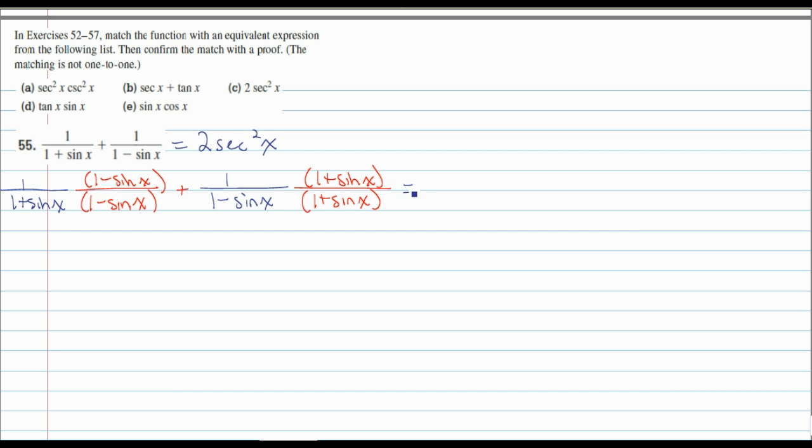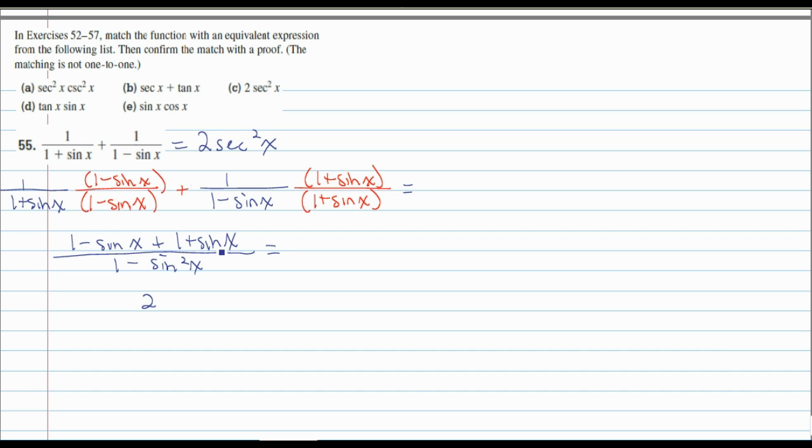Make sure to have my equal sign because I'm working with the left side only. Now I have 1 minus sine of x plus 1 plus sine of x, all in the numerator. In the denominator I will have 1 minus sine squared of x, that difference of squares common denominator. So in the numerator, 1 plus 1 is 2.